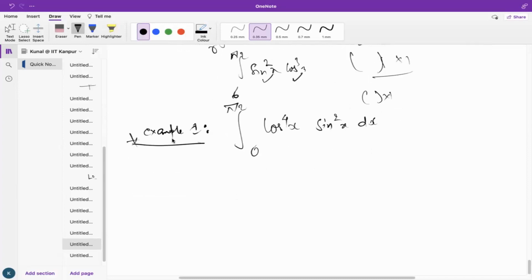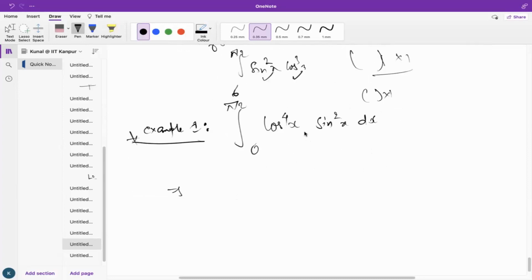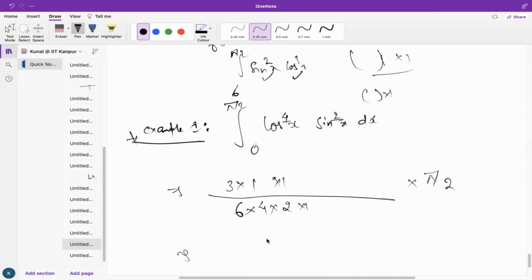What we have to do is first add the powers, which equals 6, then take the independent power, the 4, and subtract 1 from it, and then keep subtracting 2, so it will be 4 to 1. Since both powers are even, we multiply here by pi by 2. So what we get, after cancelling, is pi by 32. I hope you all understand this.